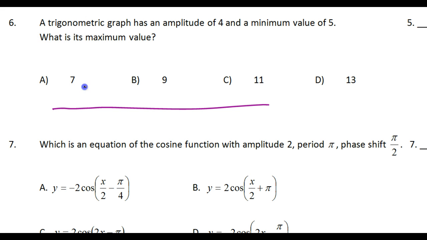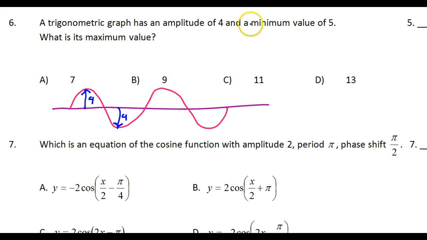And meanwhile, the trigonometric function is going up and down, above and below this midline. Now if the amplitude is 4, then doesn't that mean that it is going to be going up 4, and down 4?